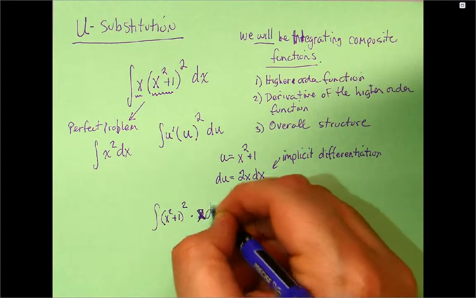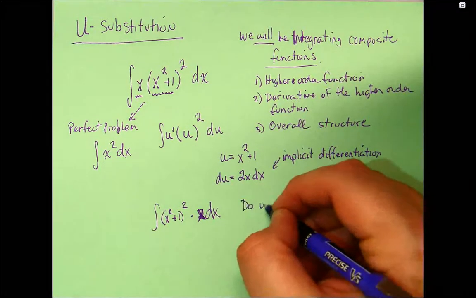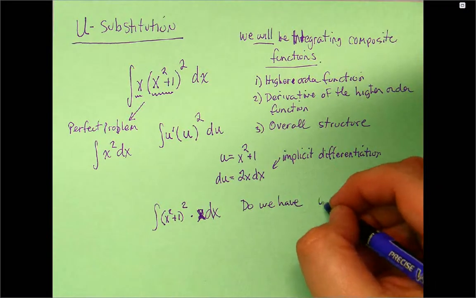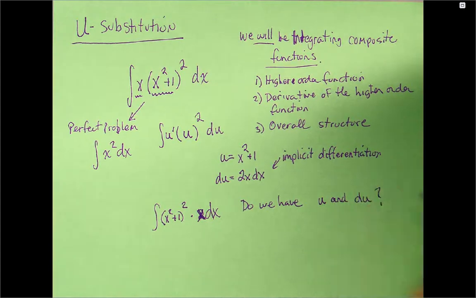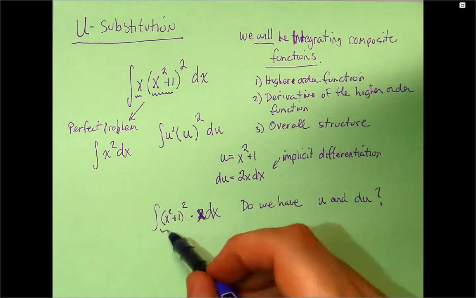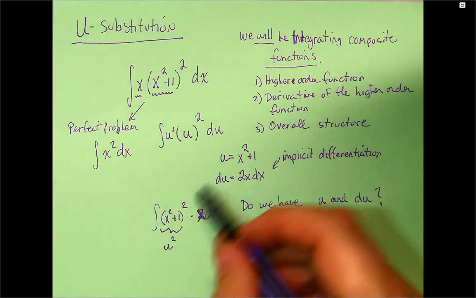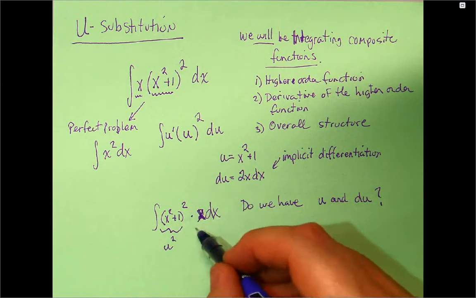Do I have everything that I need? This is my u squared, right? Because it would be that composite function squared. And this is going to represent du.